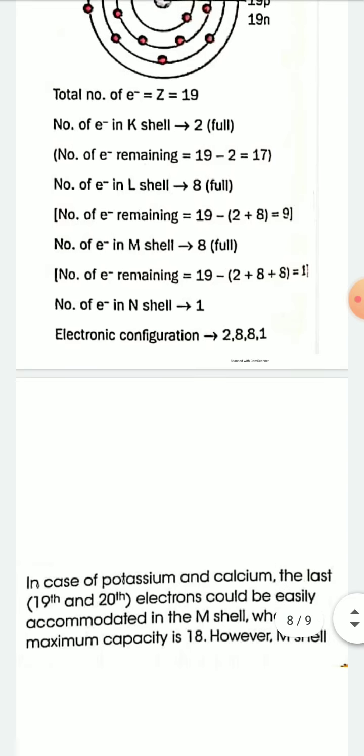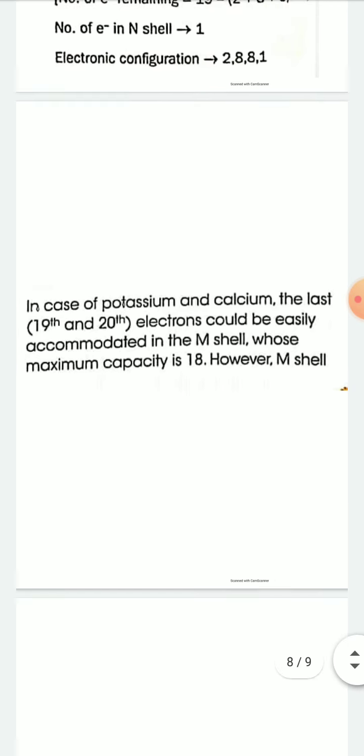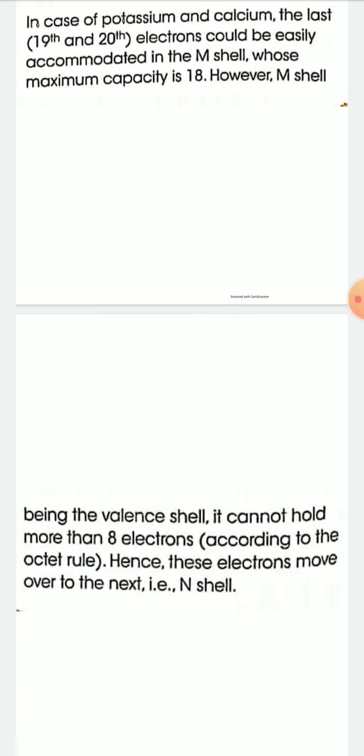In the case of potassium and calcium, the last, 19th and 20th, electrons could be easily accommodated in the M cell, whose maximum capacity is 18. However, the M cell being the valence cell, and you know that a valence cell cannot hold more than 8 electrons according to the octet rule, hence these electrons moved over to the next cell, that is the N cell.